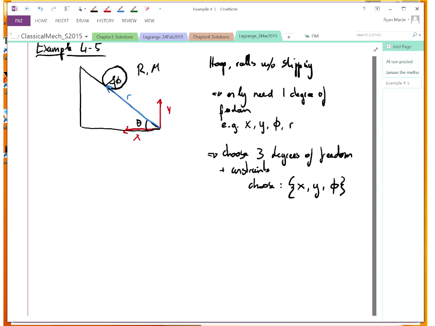So let's look at how all of these, the 4 possible degrees of freedom, x, y, phi, and lowercase r, are related. We have, for example, r squared is x squared plus y squared. We have y over x is equal to tan theta.